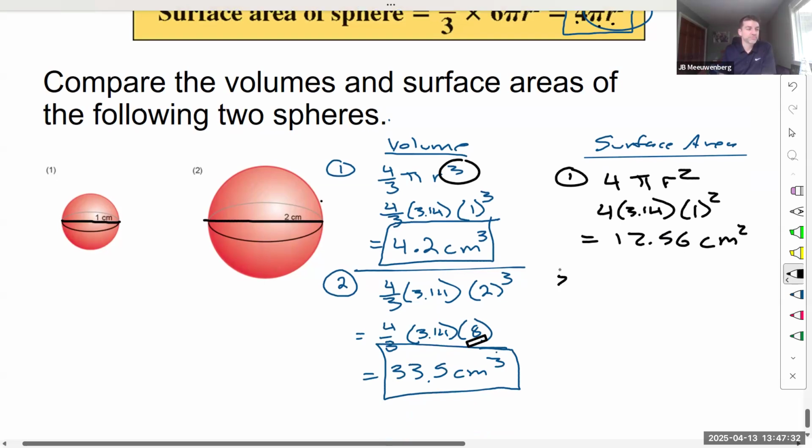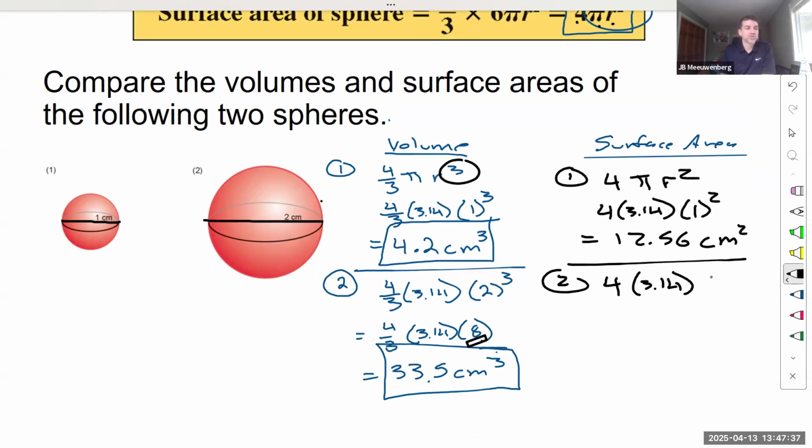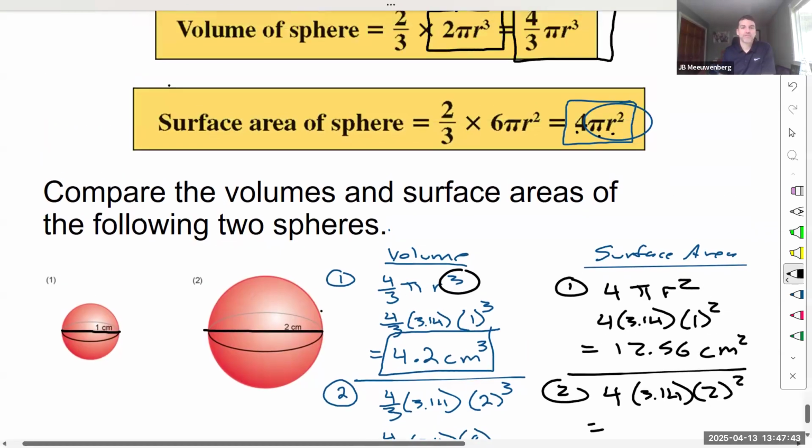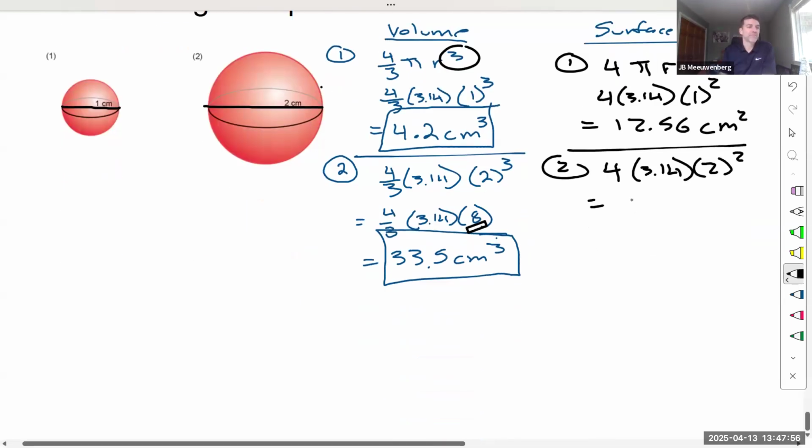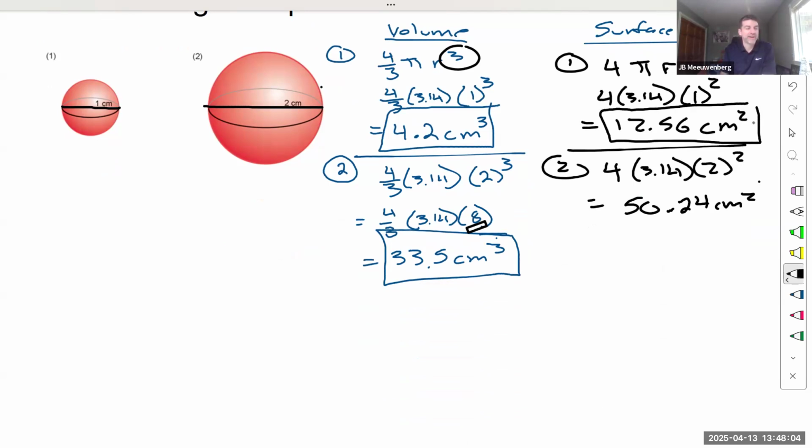For sphere number 2, it will be 4 times 3.14 times 2 squared, and this time 2 squared is 4. And so we end up with a surface area of 50.24 centimeters squared.